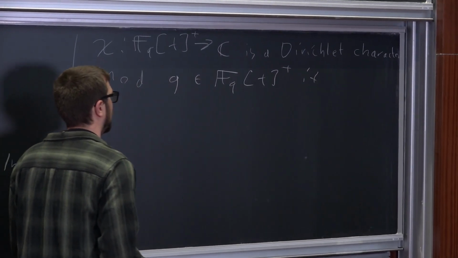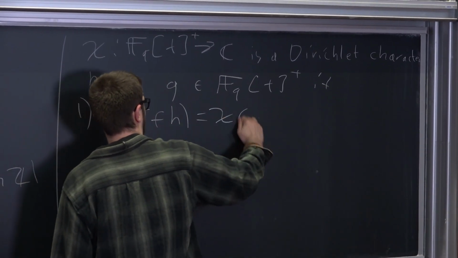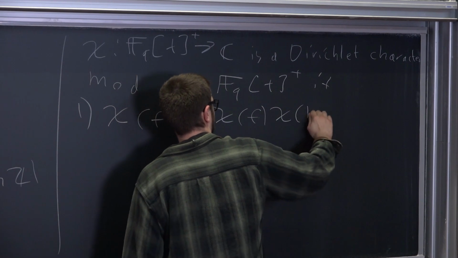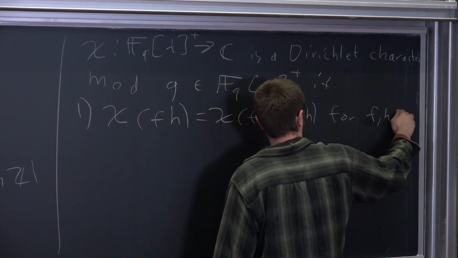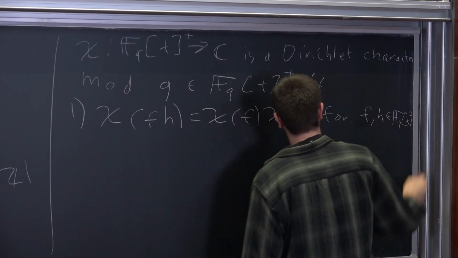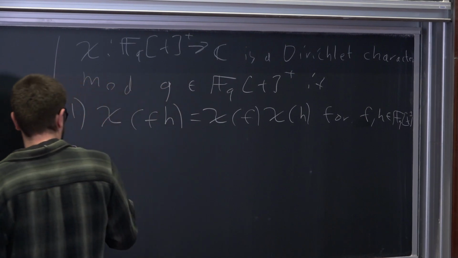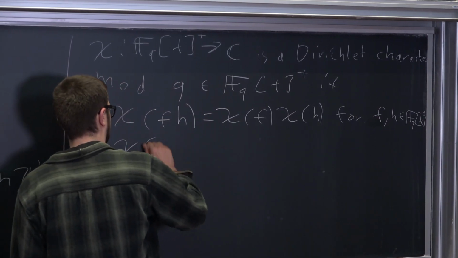So first, chi of f times h is equal to chi of f chi of h for all f, h in F_q adjoin t plus. So that's the analog of multiplicativity. The analog of periodicity becomes slightly more complicated.